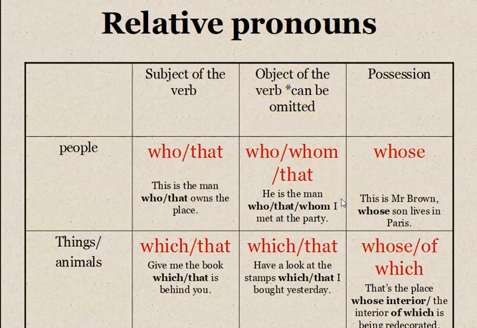So, can we say he is the man I met at the party? Yes, we can. He is the man I met at the party. I suppose by now you have enough, let's say, feeling for the language, so you can be quite aware that this sentence without a pronoun is quite okay.